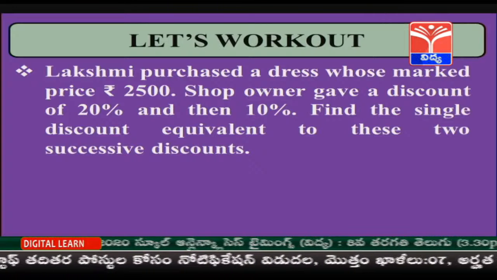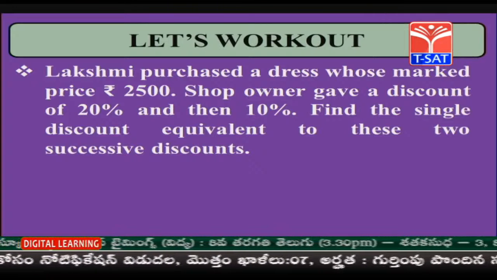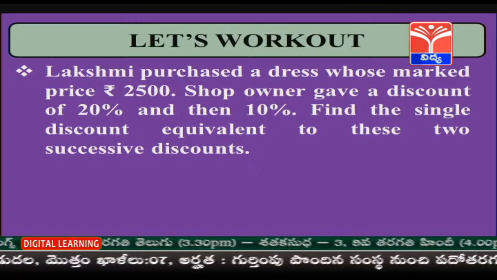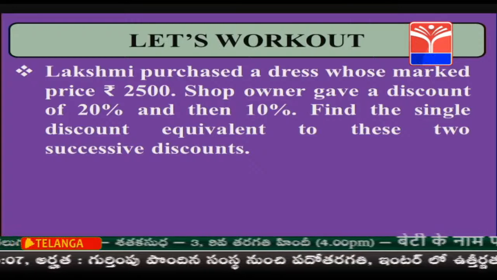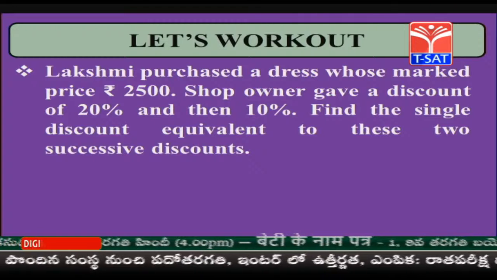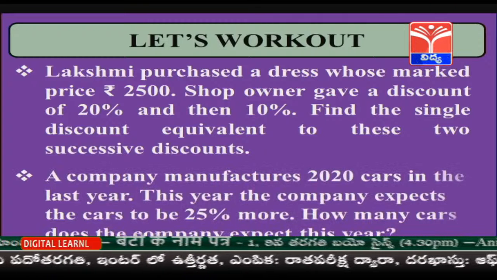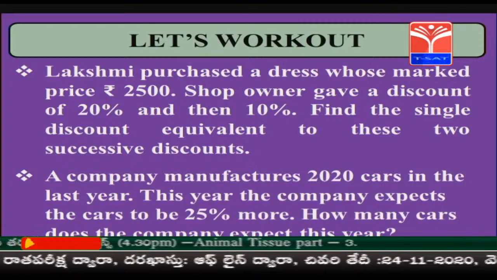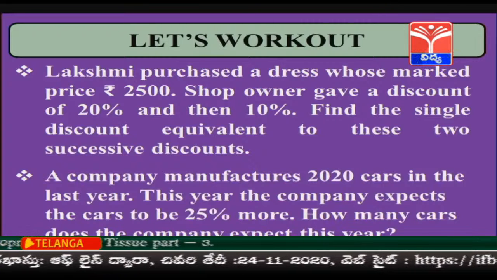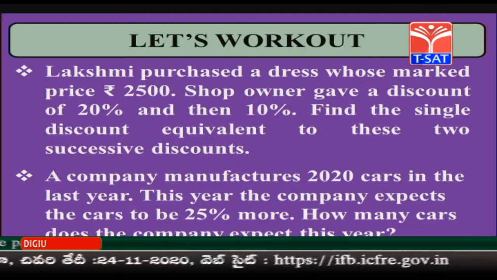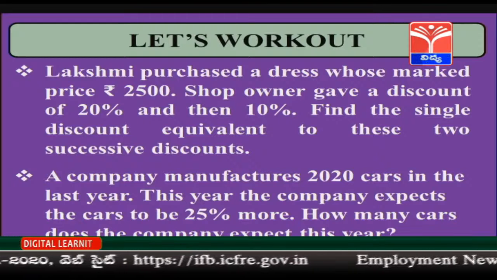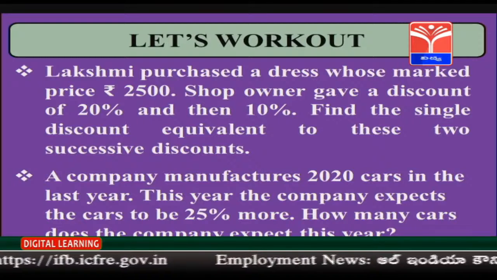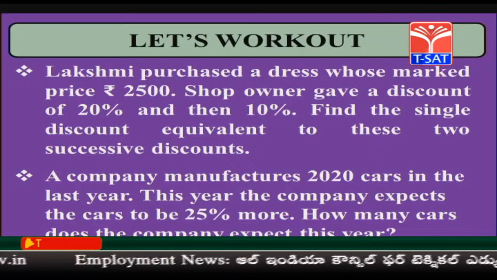The shop owner gave a discount of 20% and then 10%. Find a single discount equivalent to these two successive discounts. The next problem is, a company manufactured 2020 cars last year. This year, the company expects the cars to be 25% more. How many cars does the company expect this year?